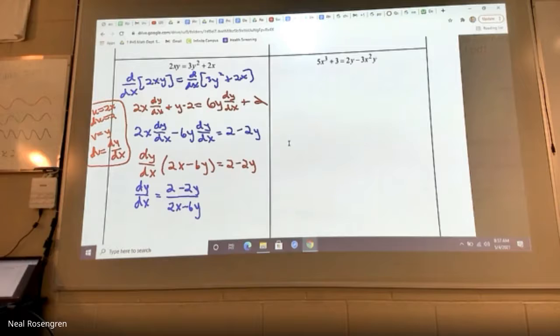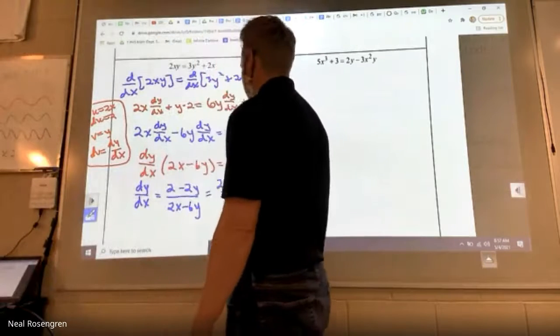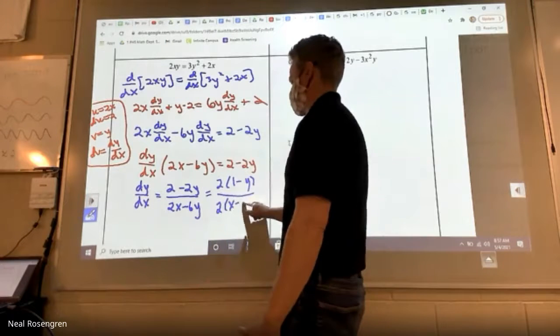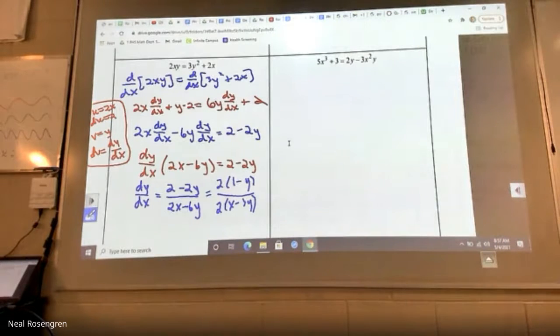So what could we divide away? Because it is a common factor, both top and bottom: 2. There is a 2 everywhere. There's not a y everywhere. And if it helps you to see this, do not just start dividing things away until you've factored. Rewrite it factored first.